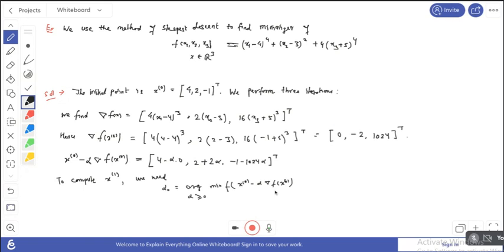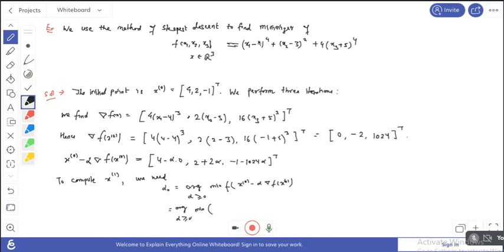So now this equals the argument of alpha, greater than or equal to 0, that gives the minimum value of the function f at this point.